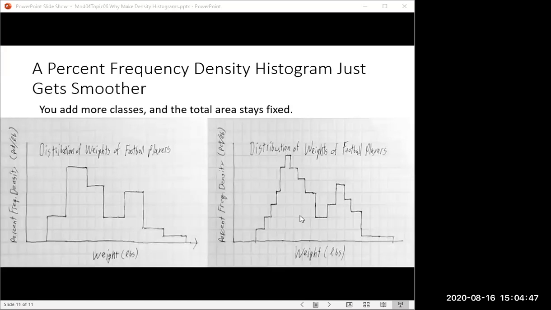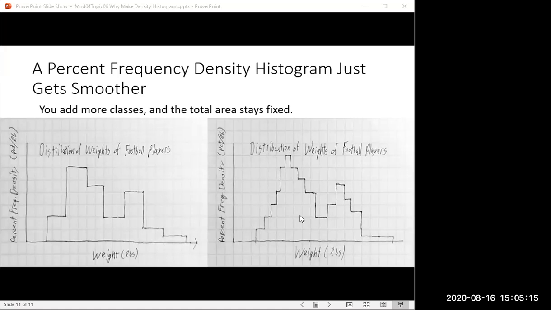Now, what happens to a percent frequency density histogram is just the right thing. It just gets smoother. Because in this type of histogram, we set it up so that the area of each bar is just the percent. So on the vertical axis, we have so many percent per pound.